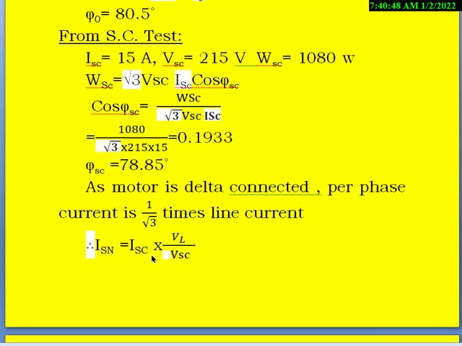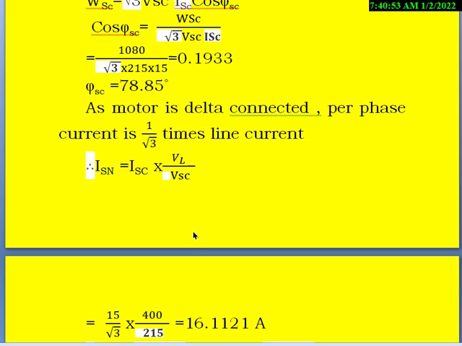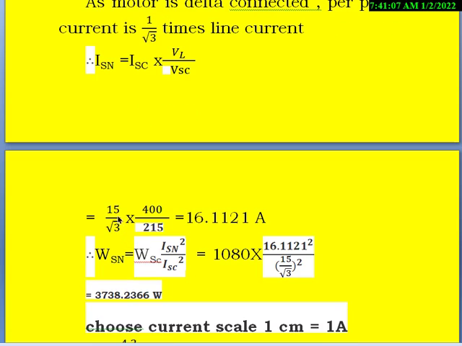And we know ISC is for VSC. For a delta connected system, phase voltage and line voltage are the same. But ISC is given here as line current, so we have to convert that into phase current, that is 15 by root 3 is the phase current. For this phase current, the applied voltage is 215 volts.